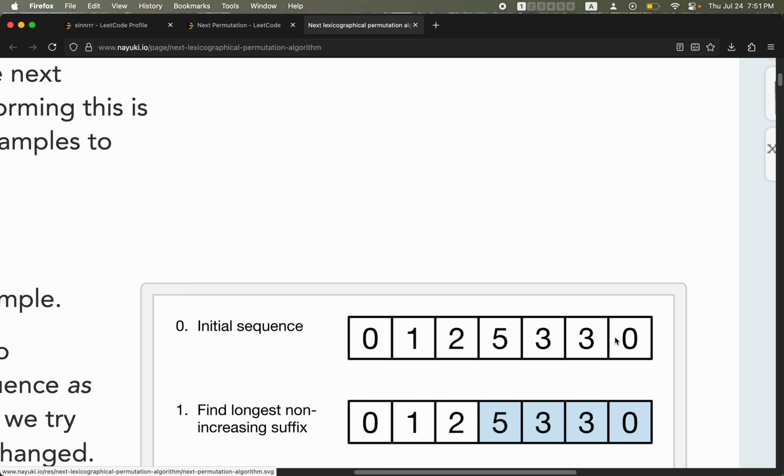If you paraphrase this problem, all you want is the next permutation that is smallest. So you want to make the smallest permutation possible that is bigger than it currently is.